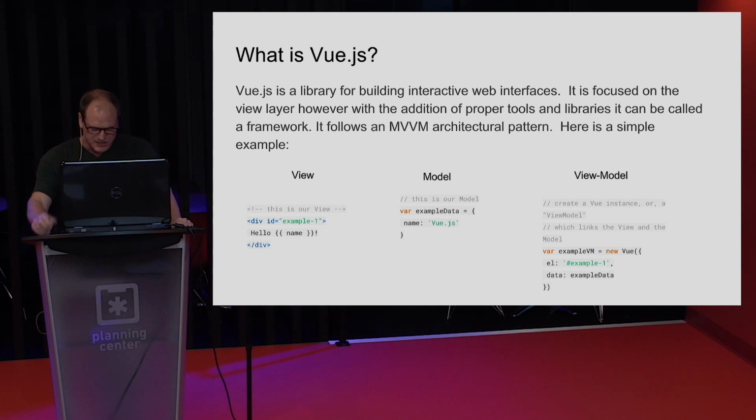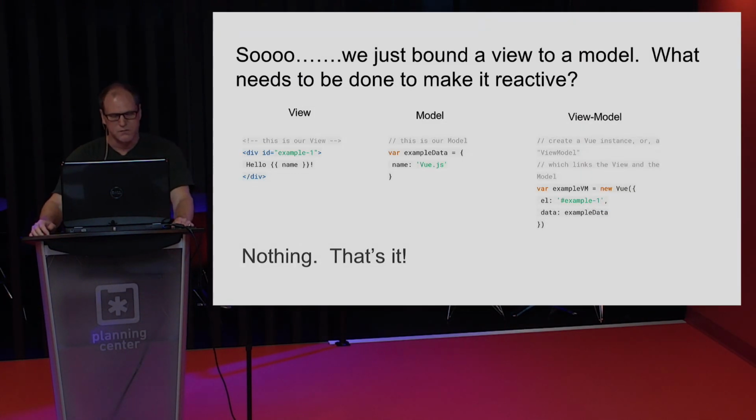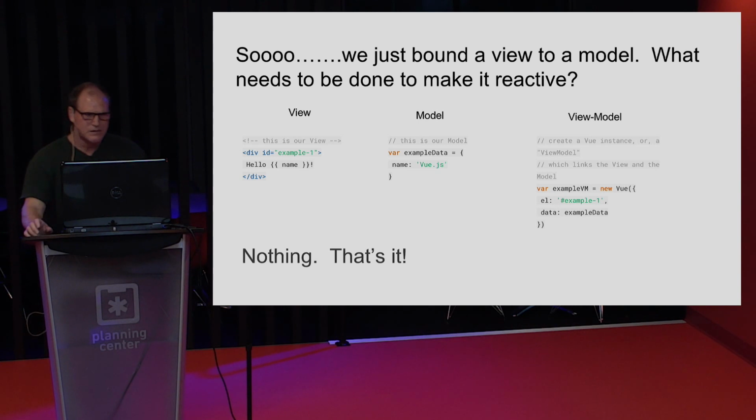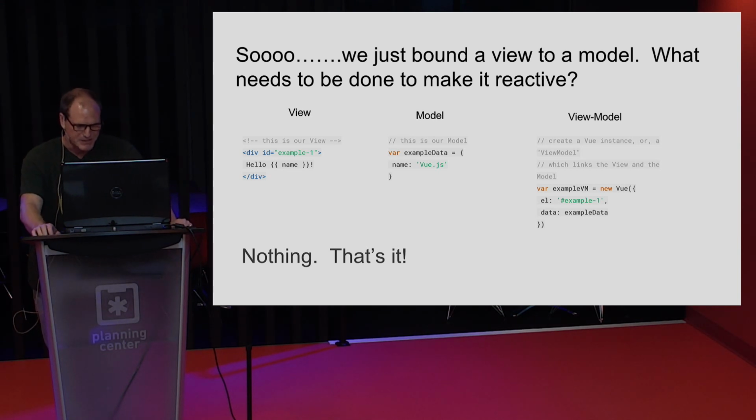In this example, it's a DOM element with the ID of example1, and that's it. So we bound the view to a model. What do you have to do to make it reactive? That's it. Just like that. That's a very simple reactive component right there. As soon as the data changes, the view is going to automatically get updated.